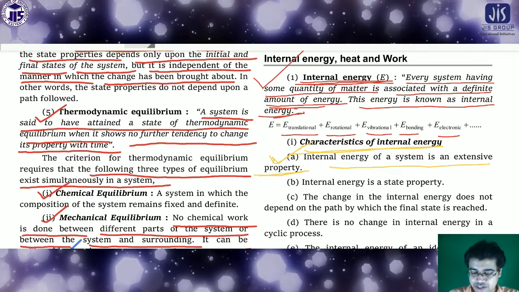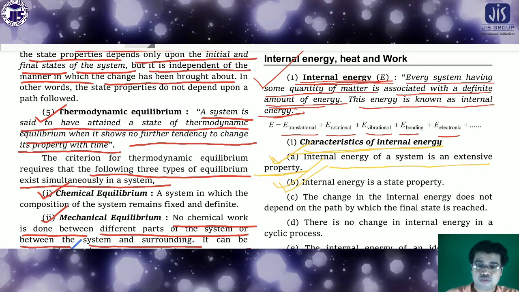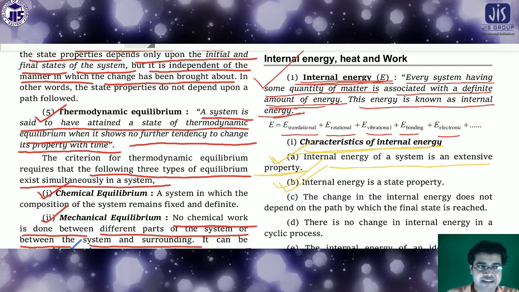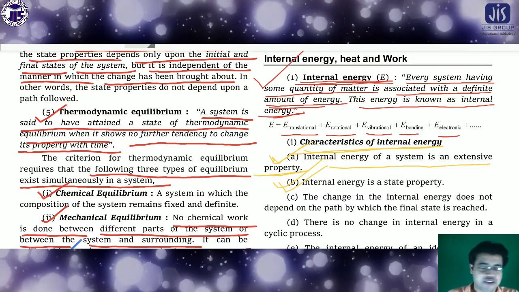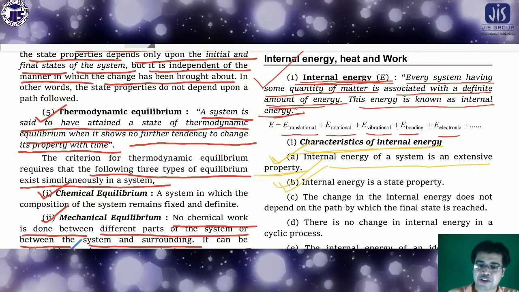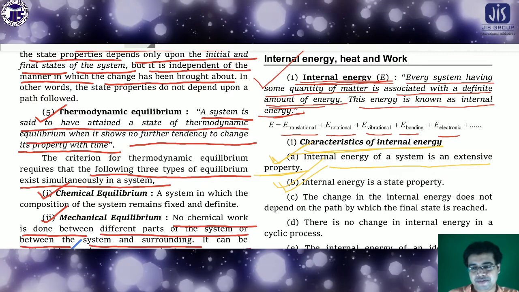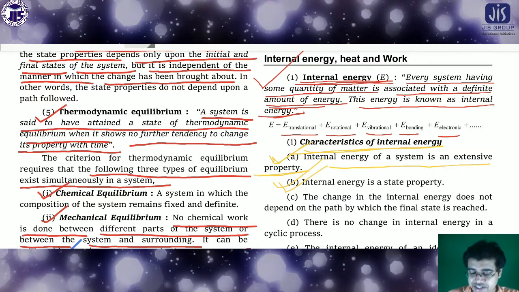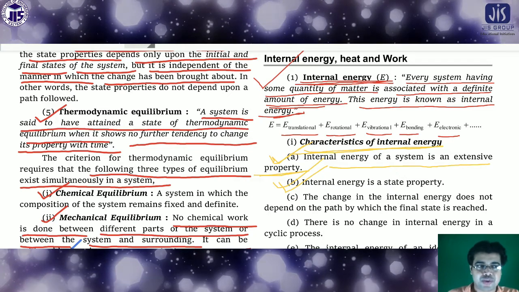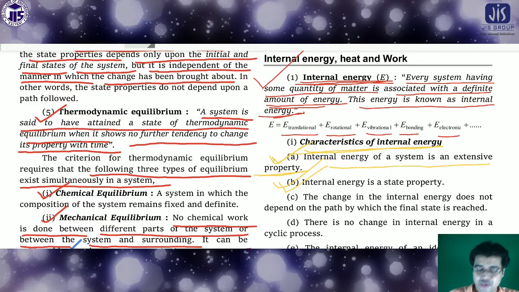Internal energy is also a state function: when some change of internal energy occurs, it depends on the initial and final state. I told you in the previous class what a state function and a path function are, so it is easier to understand that internal energy will not depend on the pathway, it only depends on the initial and the final state.